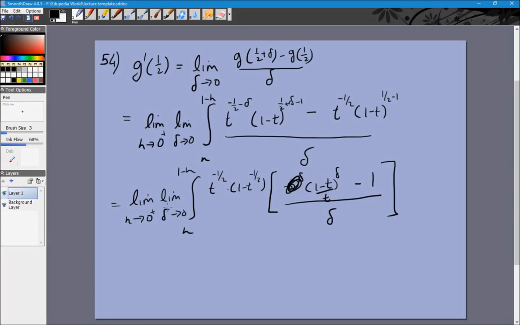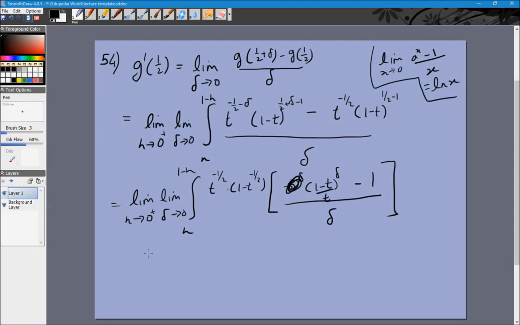And you can just take this limit inside because this part does not depend on delta, and we know what this is. This is limit x goes to 0, (a to the power x minus 1) by x, and we know what this limit is. It is ln of a, right?